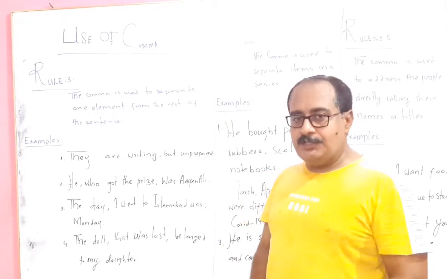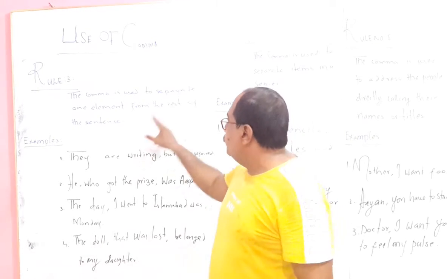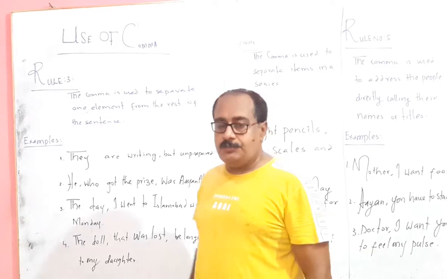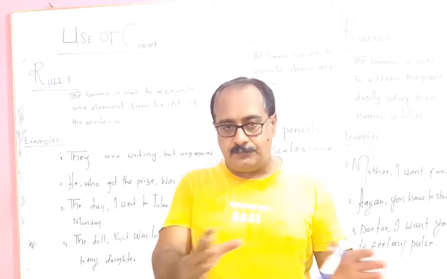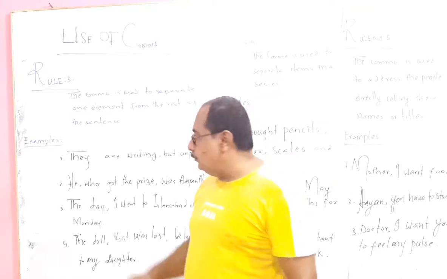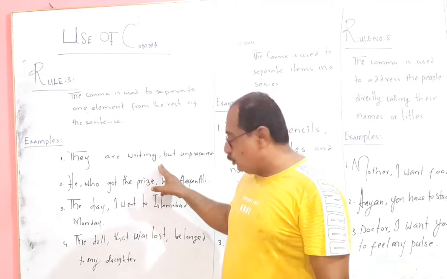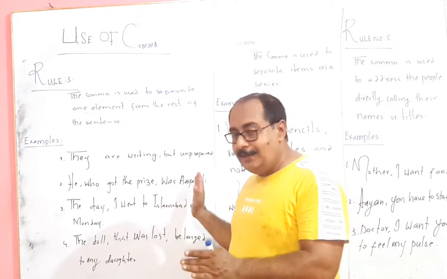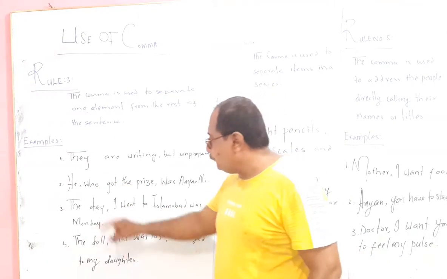The third rule says the comma is used to separate one element from the rest of the sentence. See the example. They are writing, but unprepared. Again, this part and this part are being separated.